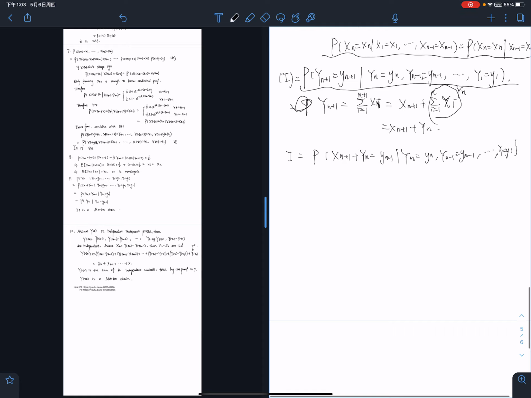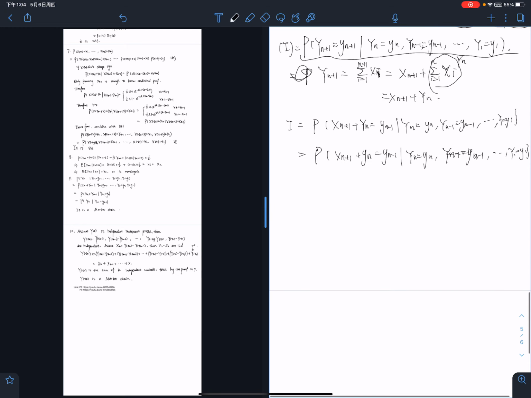Then we simplify it. So then we move Yn to the right hand side of the equation.